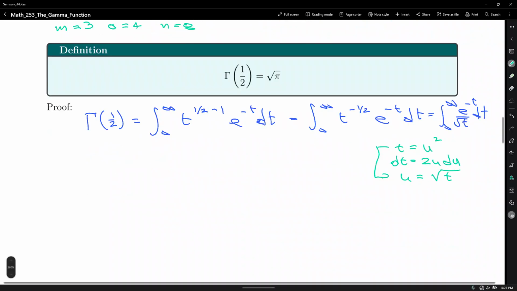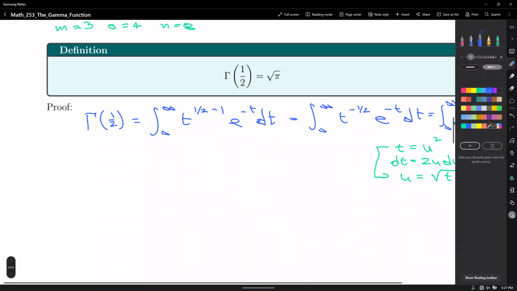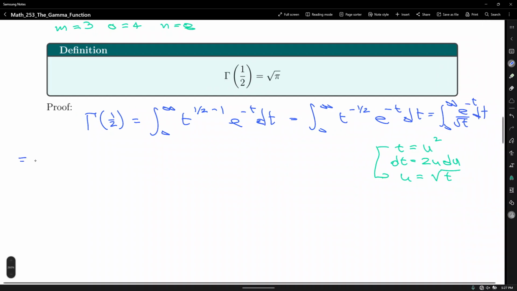After the substitution, that's the integral. What is e to the negative t? Well, what did we say about t? It's u squared, so e to the negative u squared, divided by the square root of t. But what's the square root of t? Isn't that u? And what's dt? 2u du. What about the limits of integration?